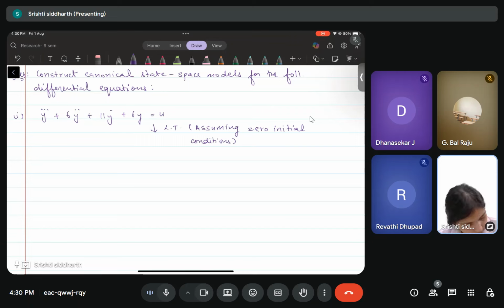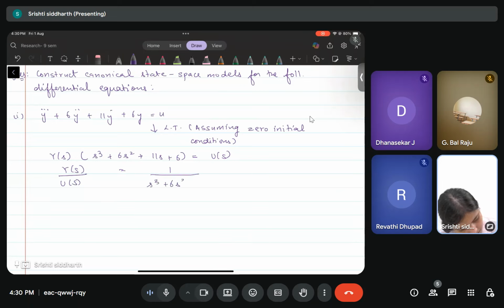So in this case, this is simply Y(s) times (s cubed plus 6s squared plus 11s plus 6) equals U(s). The transfer function is 1 over s cubed plus 6s squared plus 11s plus 6. So it's a strictly proper transfer function.